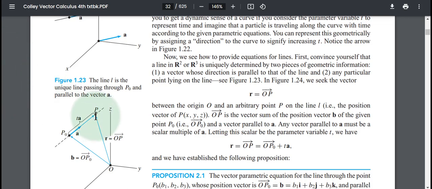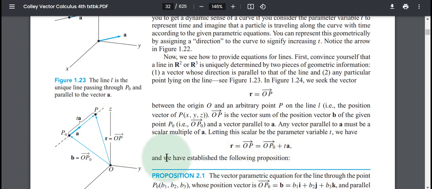But for any given point on the line, we can say that it's B plus TA for some T. And so that's what they're writing here. OP, which they're calling R, this vector here, is this OP0 or B plus TA.